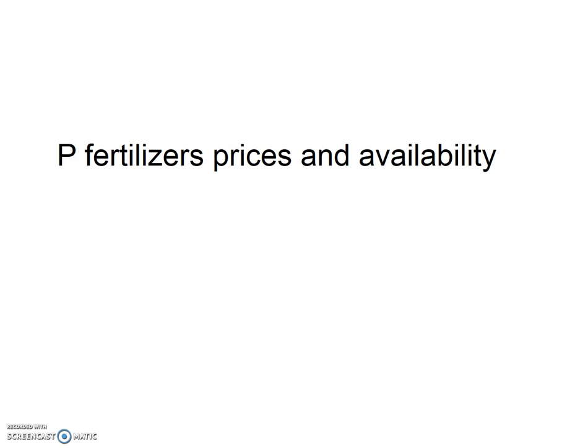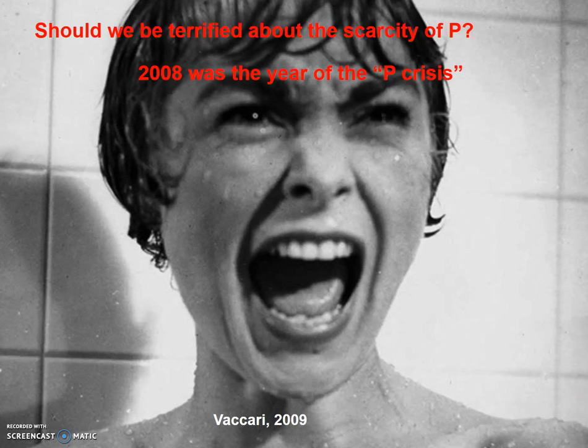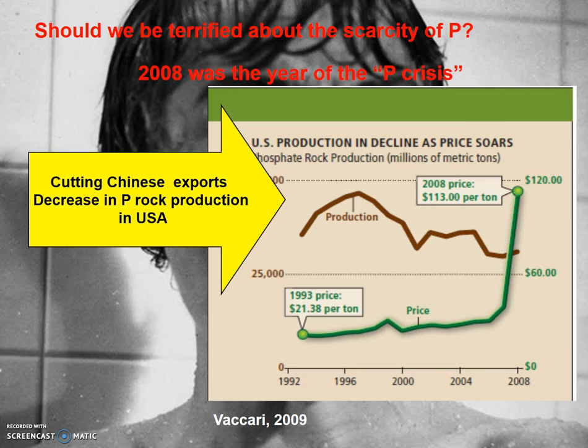The question is if the phosphorus fertilizer prices in the future and its availability will be limited. Should we be terrified about the scarcity of phosphorus, as it is a non-renewable resource? 2008 was the year of the so-called phosphorus crisis. What happened then?